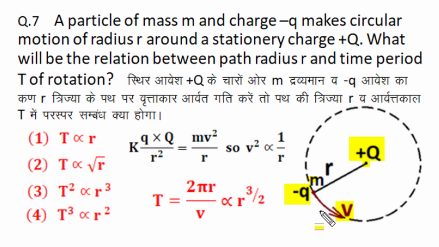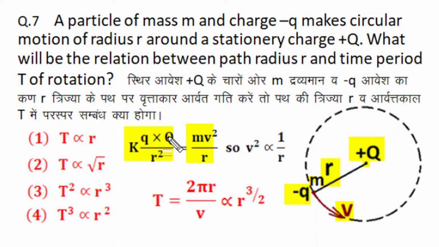Now in this case we have to find the relation of the time period of circular motion with the radius of the circular orbit. As per force equilibrium, the electrostatic attraction force between the revolving test charge and the central stationary source charge is k small q capital Q over r squared, and it must be balanced by the centrifugal force mv squared by r.